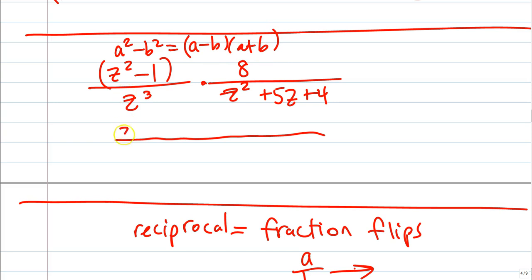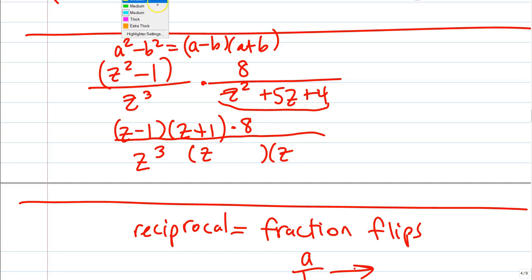So this becomes z minus 1, z plus 1. Anything that's factored, I'm not going to multiply together. I'm going to leave it factored. And I could put the 8 here. Eventually, it might move to the beginning. On the bottom, I've got z to the third. And this trinomial factors.